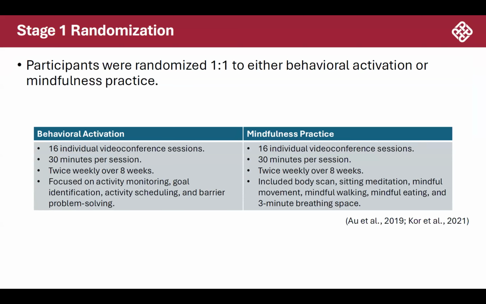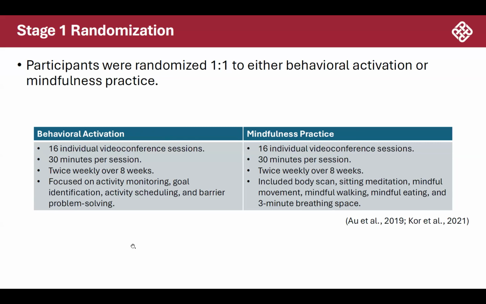So in stage one, we adopt the traditional randomization method. At the first stage, we randomize the family caregivers into the behavioral activation group and the mindfulness group with a 1-to-1 ratio. In the behavioral activation, they will have 16 individual video conferencing sessions focusing on the techniques of behavioral activation. Each session lasts for 30 minutes, and twice weekly, they need to attend these training sessions.